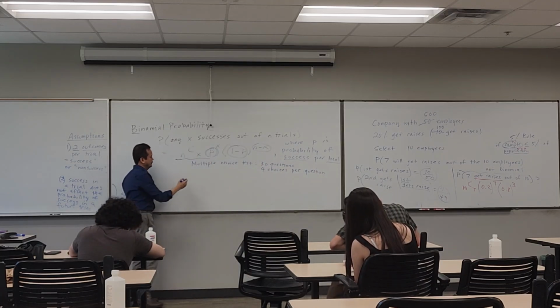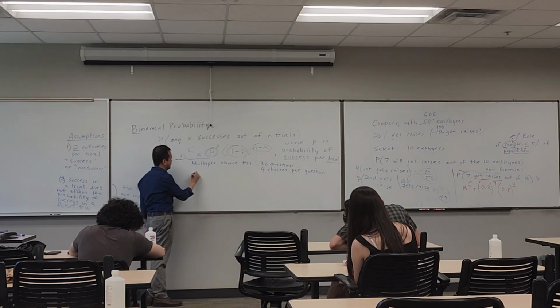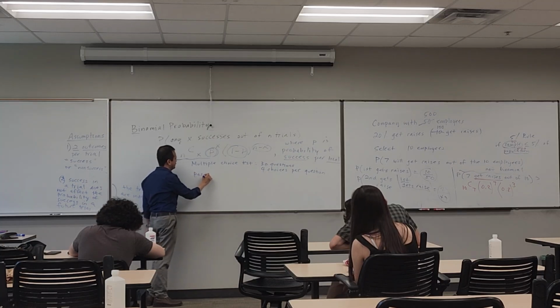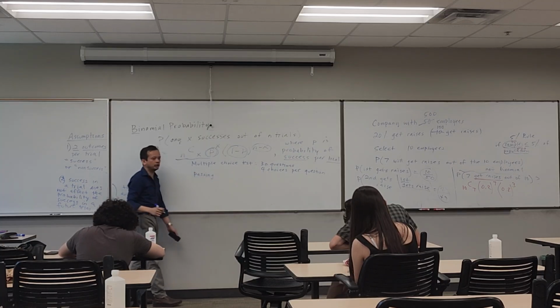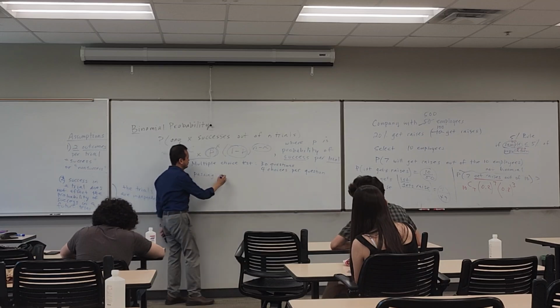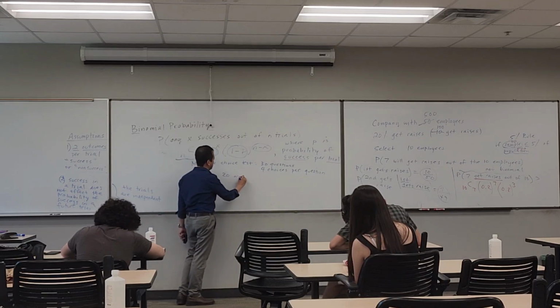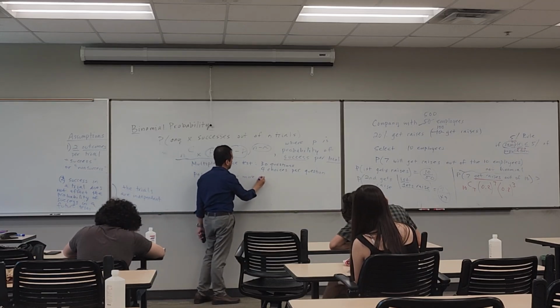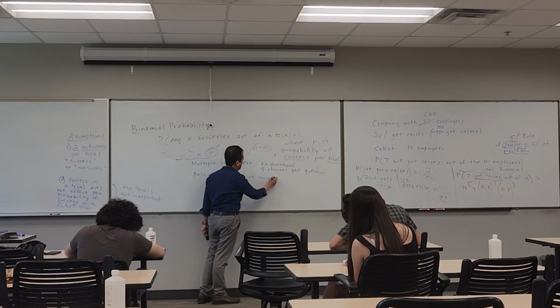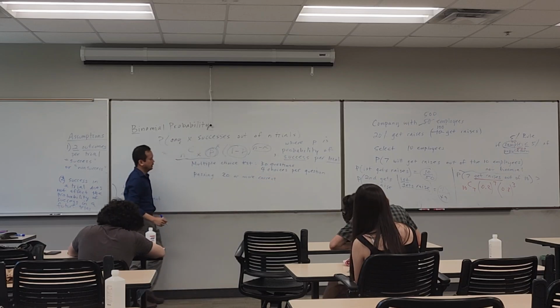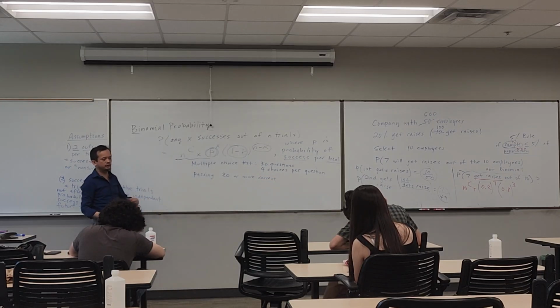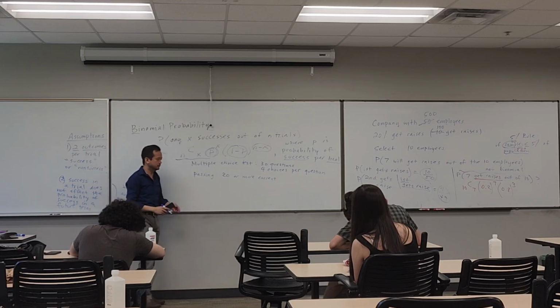Let's say that passing this test means that you get 20 or more questions correct. So if you were to guess on all 30 questions, what's the probability of passing?